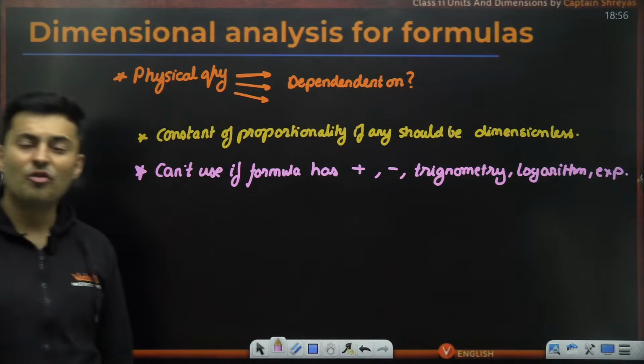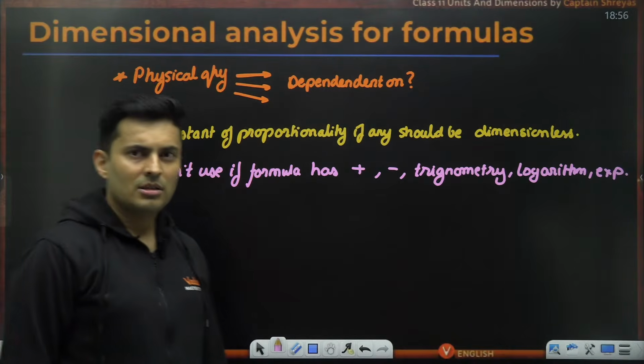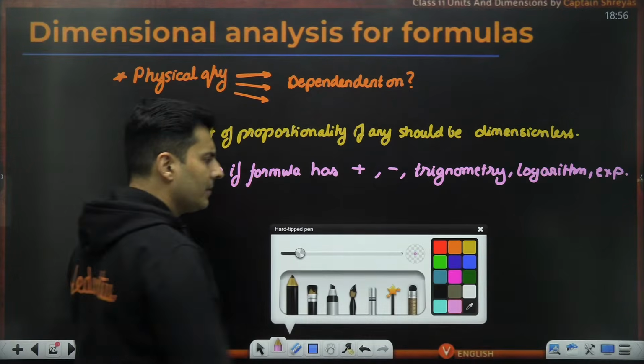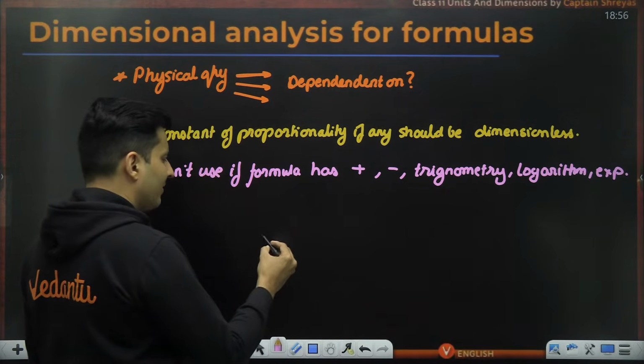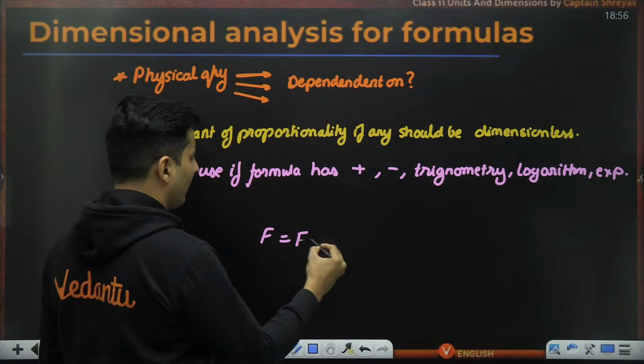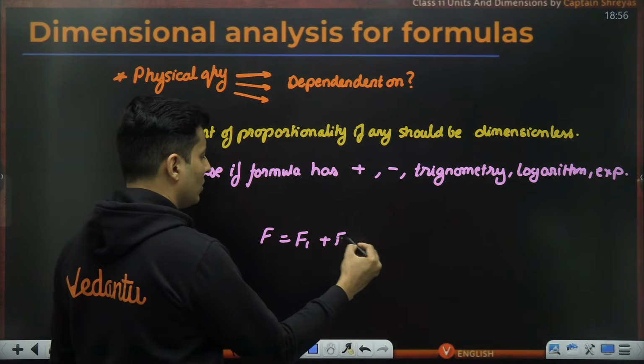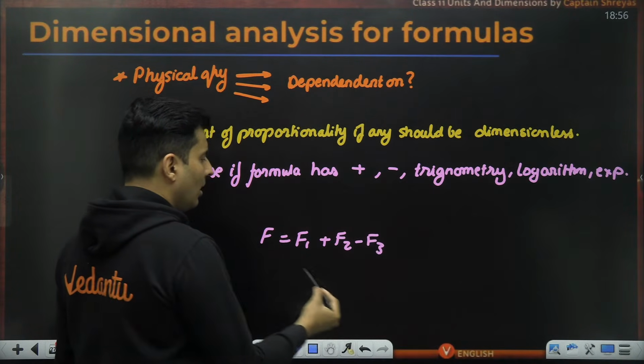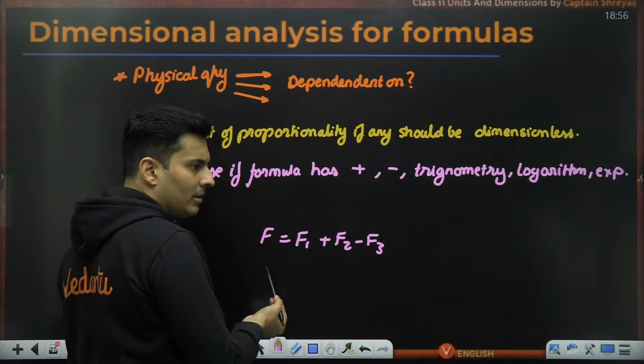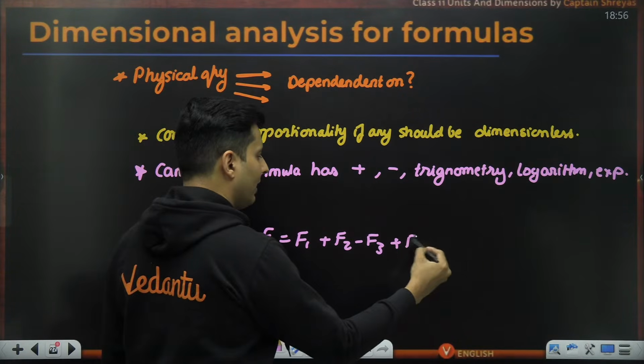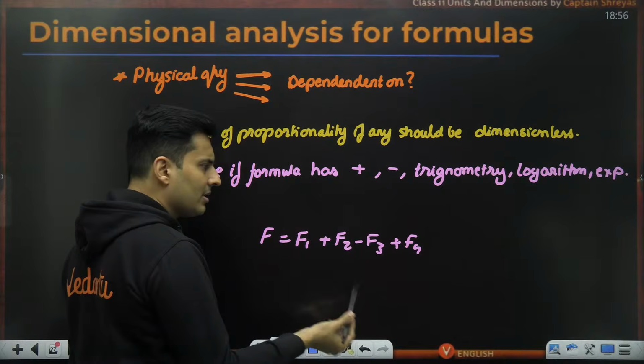Any of these things, we cannot use it. Like for example, imagine if there is one formula F is equal to F1 plus F2 minus F3, how would I know how many terms are there? Because even if I add one F4, still dimensionally it is correct only.